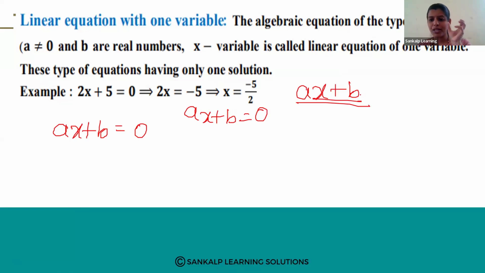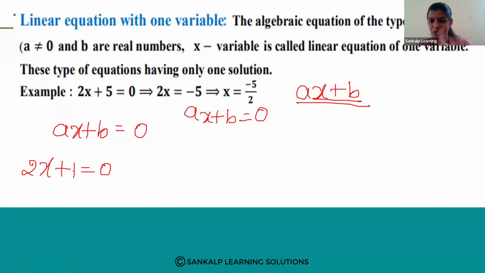But here, when you write the polynomial with the equal to sign, then it will be an equation. For example, if I write 2x plus 1, this is a polynomial. But if I write 2x plus 1 equal to 0, then it is an equation.